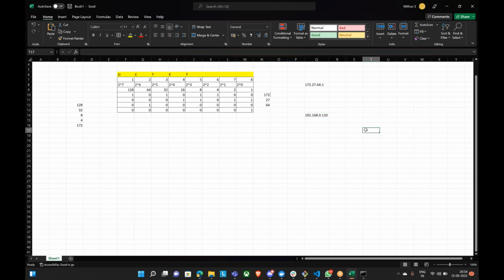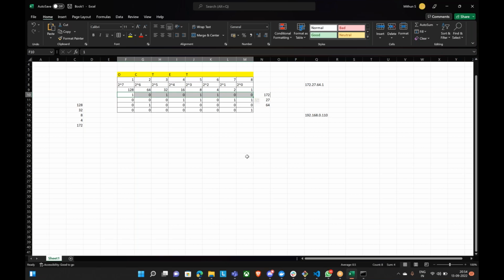Now this is an IP address, so the equivalent binary we have to calculate. And remember guys, these are the equivalents for 172. If I have to write it in a series, I will write somewhat like this: 10101100 dot 00011011 dot 01000000 dot 00000001.